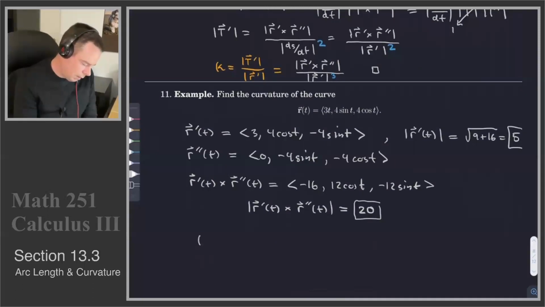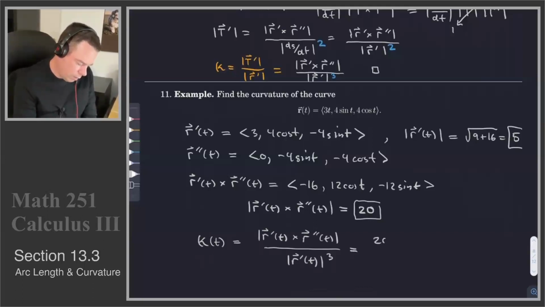That means our curvature at any point along the curve corresponding to a parameter t is given by the magnitude of r prime cross r double prime of t, all over, in this case, the magnitude of r prime of t cubed. So it's 20 over 5 cubed, or 4 over 25.